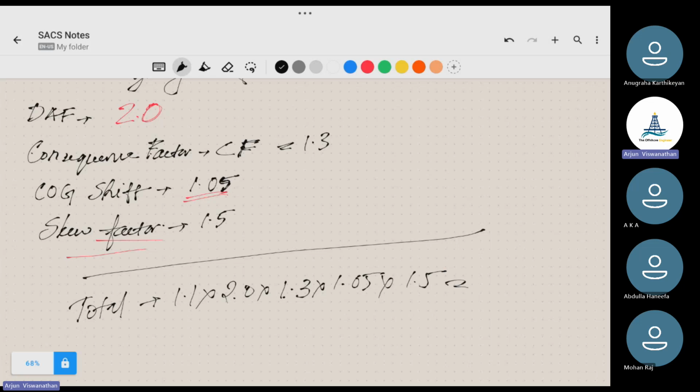How much will you get? One minute, let me do the math. 1.1 into 2 into 1.3 into 1.05 into 1.5. So this will be about 4.5 times the total load.